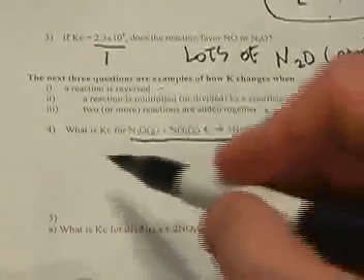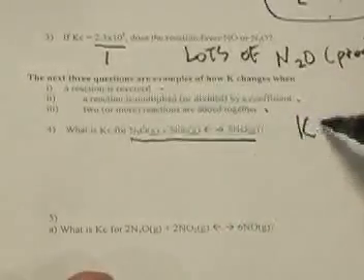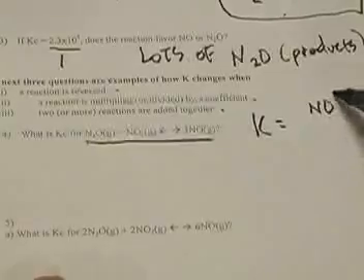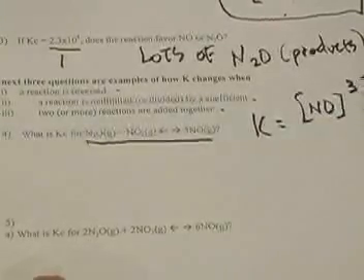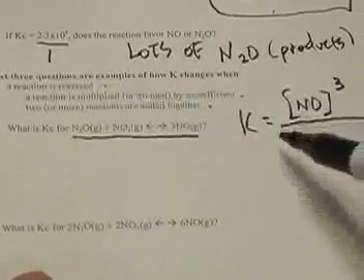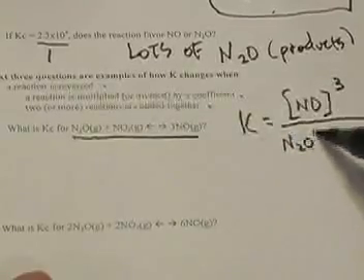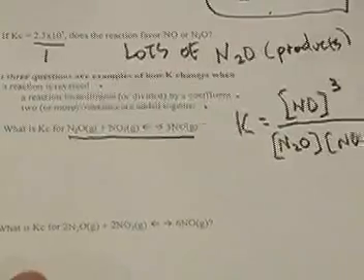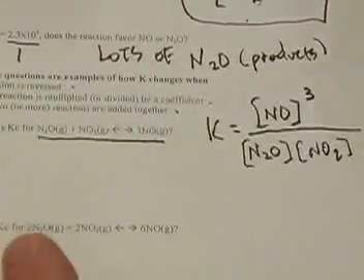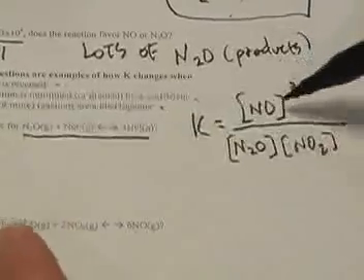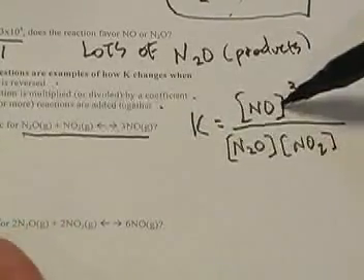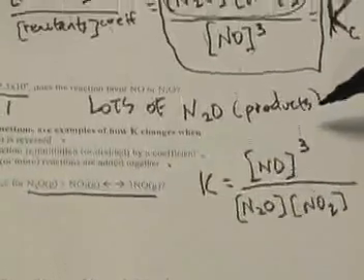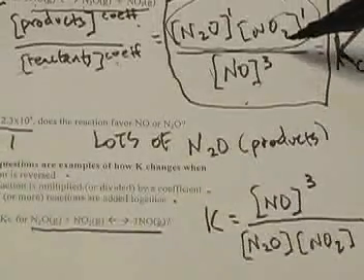If I wrote the equilibrium constant expression for this one, K sub C, it would equal products NO to the third power divided by the reactants N2O times NO2. Okay? Notice these are now the products, and this is now the reactant. Look at this versus what we had written up here.